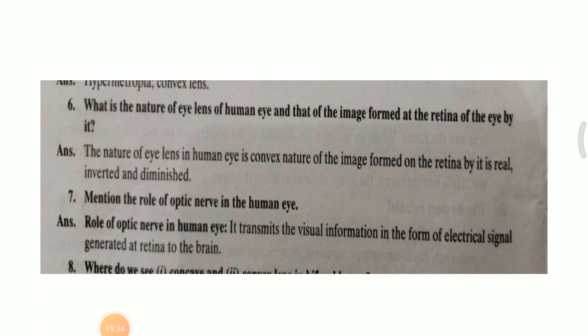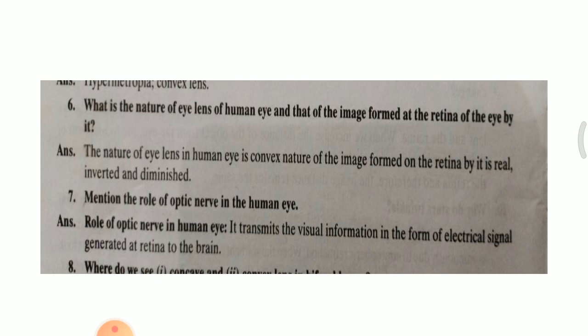The next one, what is the nature of the eye lens of human eye and that of the image formed at the retina of the eye by it? What is the nature of eye lens of human eye?